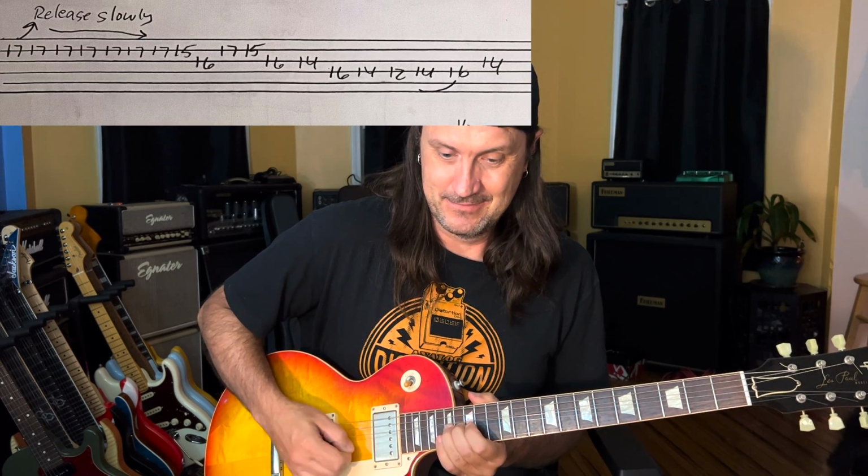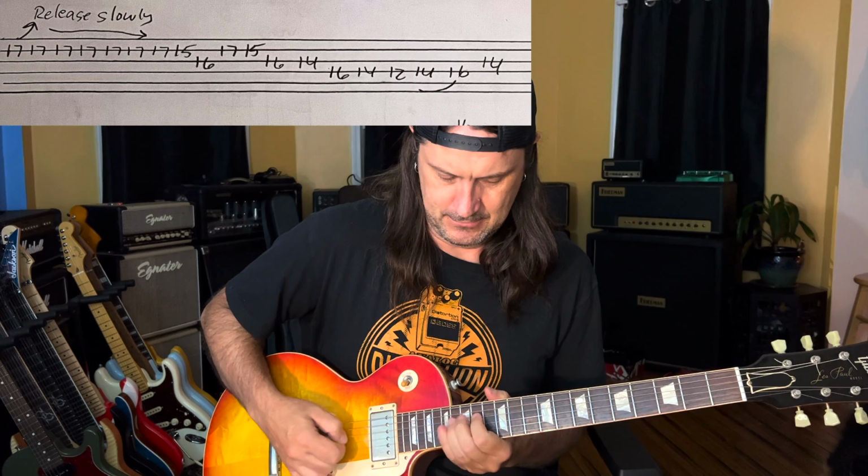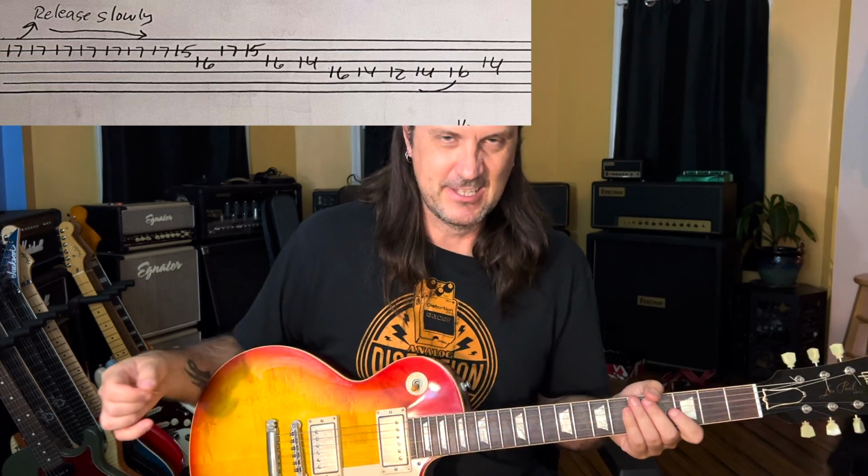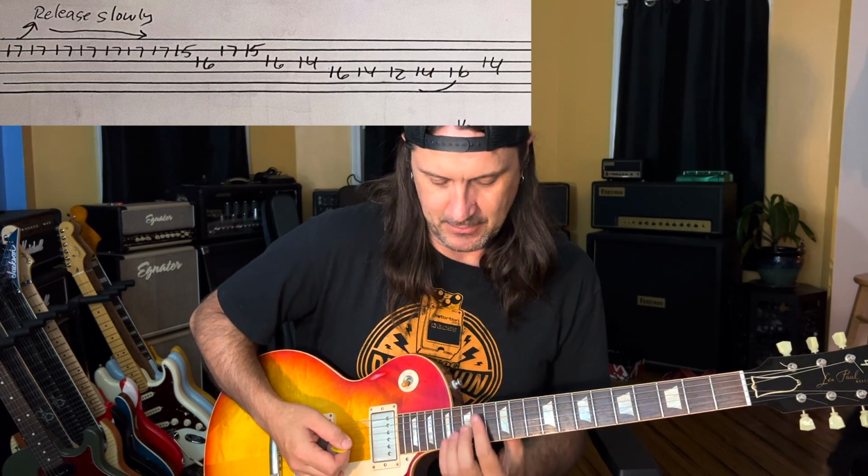Then we're back up here in F sharp minor. Actually, that's an E minor pentatonic, but it looks like we're in F sharp minor because of the position.